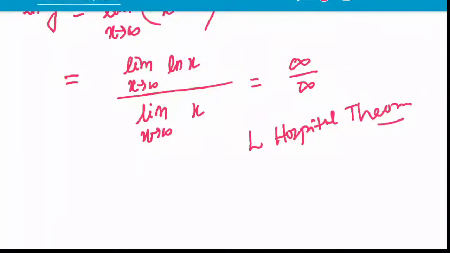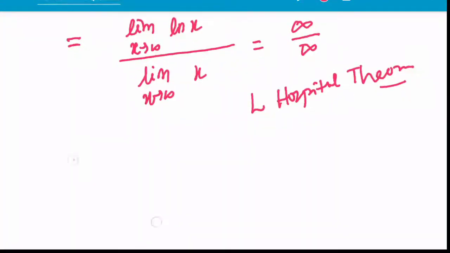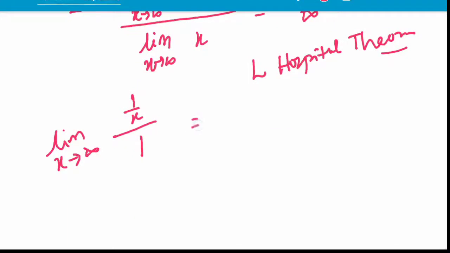So this will be derivative of first in numerator and denominator. Derivative of ln x is 1 by x and derivative of x is simply 1. Limit x tends to infinity. So this will be equal to limit x tends to infinity 1 by x, and this will directly be equal to 0.